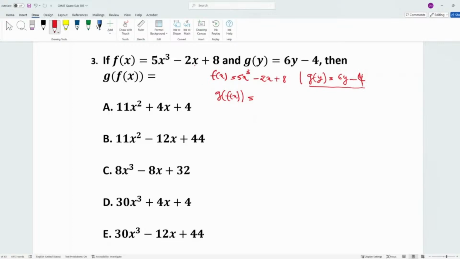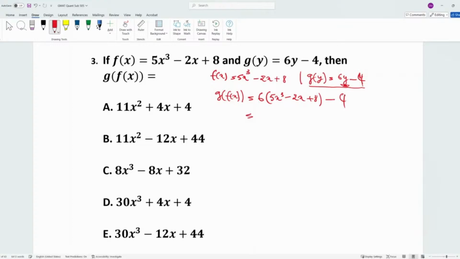So all we have to do is to replace the value y here by f of x, by this one. So this is going to be 6 times f of x here, which is 5x to the power 3 minus 2x plus 8, and then we have minus 4.